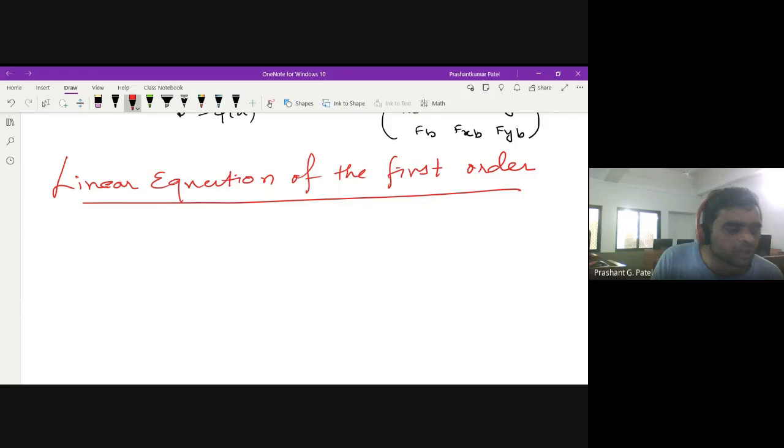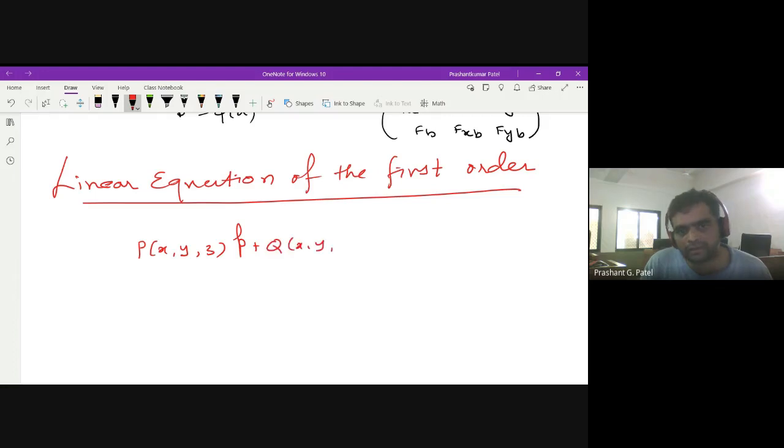So the form of a quasi-linear equation is P of x, y, z into p plus Q of x, y, z into q equal to R of x, y, z, where p and q are the derivatives and capital P, Q, R are functions of x, y, z. In today's lecture, we are going to discuss how to solve this quasi-linear equation.